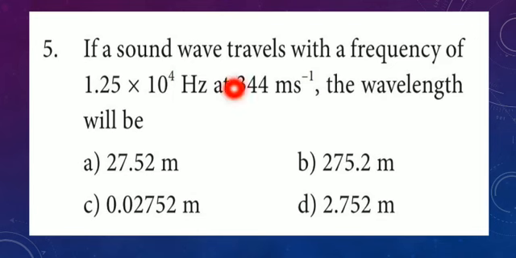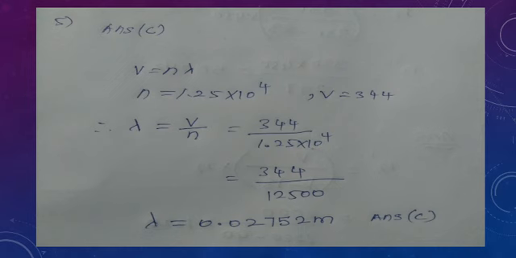The frequency in the question is given as 1.25 into 10 power 4 hertz, and the velocity is 344. From this formula, lambda equals V by n, which is 344 divided by 1.25 into 10 power 4, that is 344 divided by 12,500.